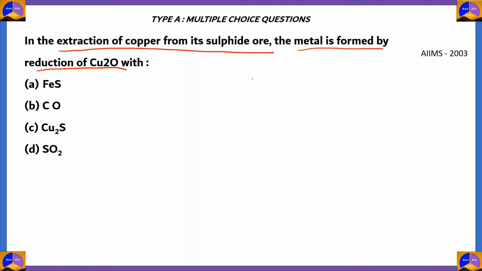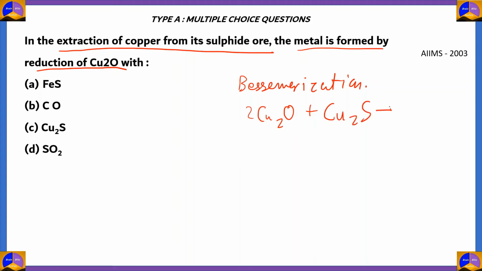The reaction that we're dealing with here is Bessemerization. In Bessemerization, 2Cu2O reacts with Cu2S to get 6Cu plus SO2. So when Cu2O is reduced with Cu2S, which is option C, you get pure copper.